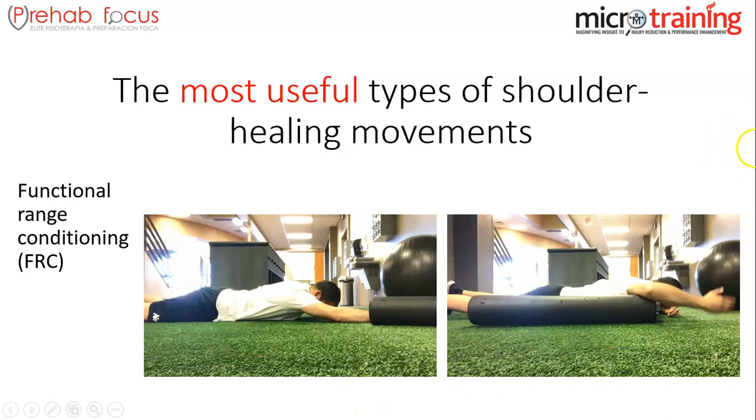This is a very similar example, but now you place a roller on the elbow joint, and we have an external rotation movement here. Of course, always hold a little bit in the end range position, which is very useful for injury prevention and rehab as well.